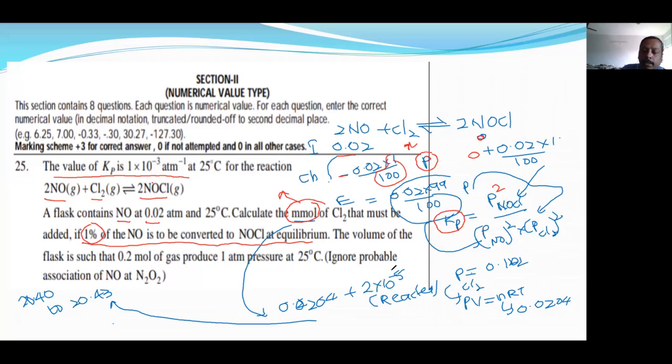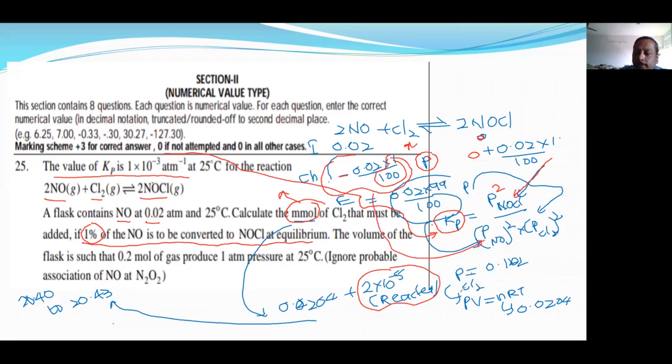After substituting the given values, the pressure of NOCl goes in here. Kp is already given: 10 to the power of minus 3. PNO is 0.02 minus 0.02 into 1 upon 100.